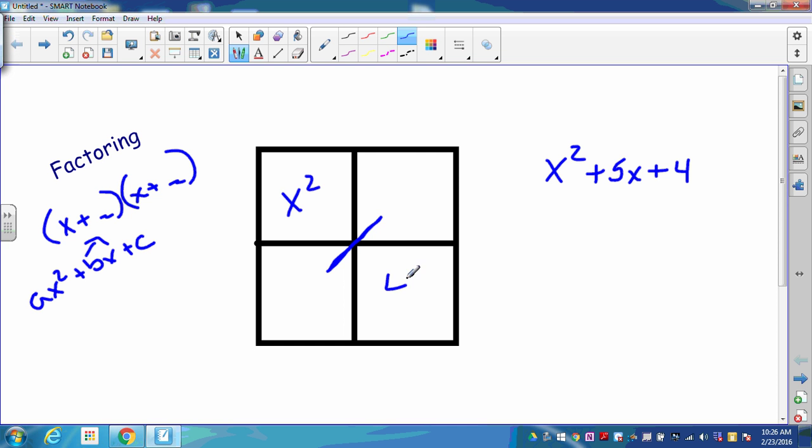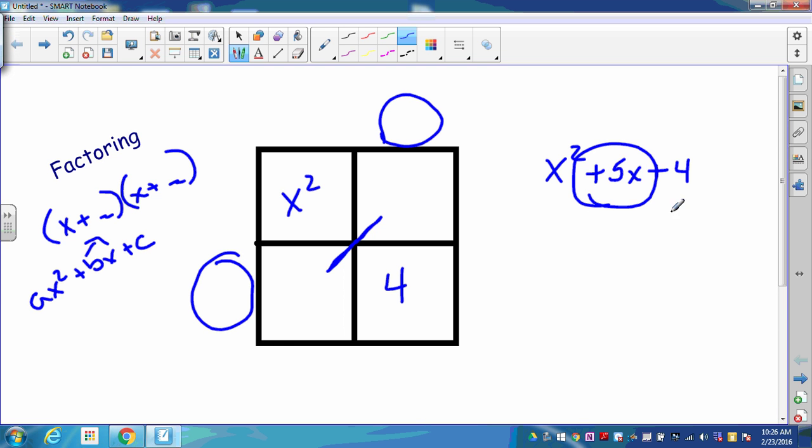And we know that our 4 goes here. So what we want to do now is focus on how do we get the 5x. We know that whatever number was here times whatever number was here gives our 4.